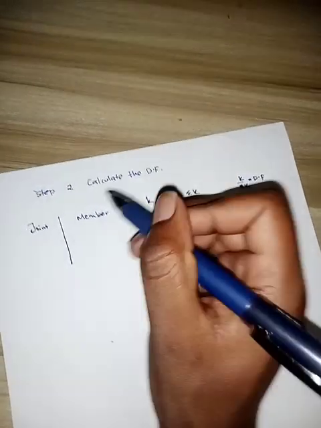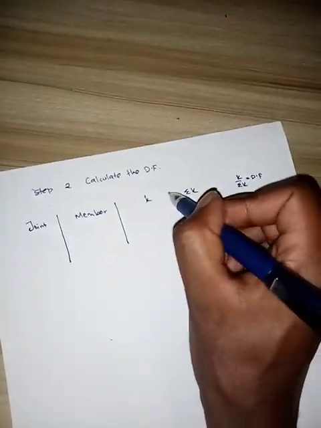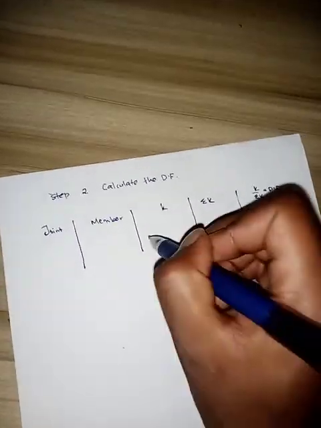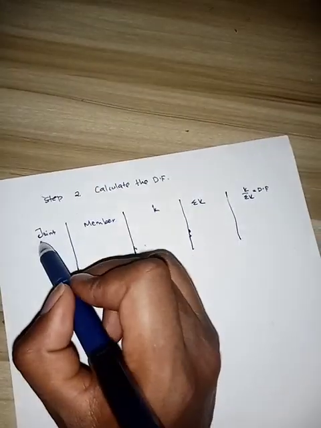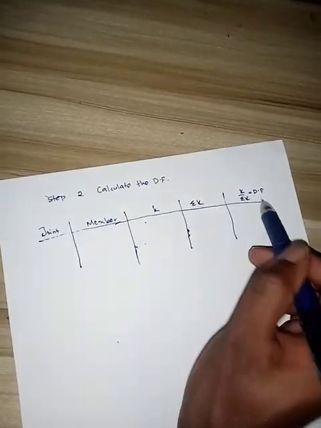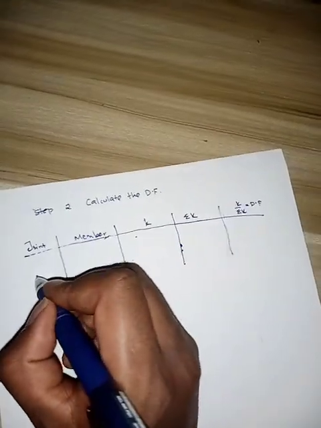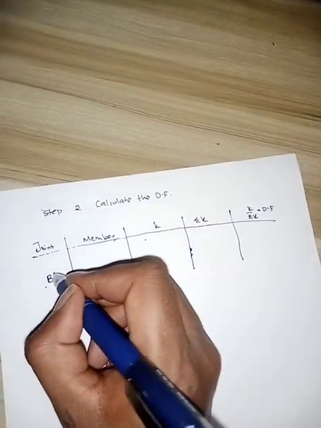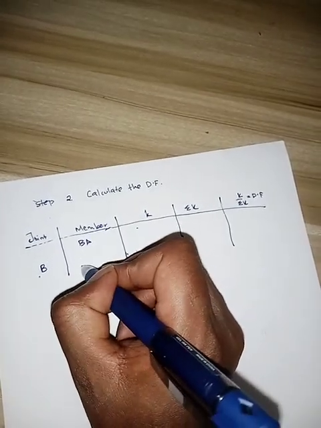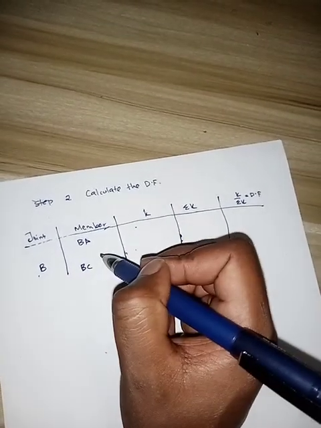All right, so let's do this. So we only have one joint, that is joint B. So we have members BA and BC.